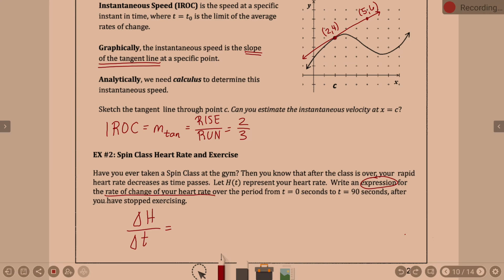This is where I said Sophie was starting down the right path, but not there yet. I just H of t. Isn't that heart rate? Yeah, heart rate is H of t, but you would have to put 90.